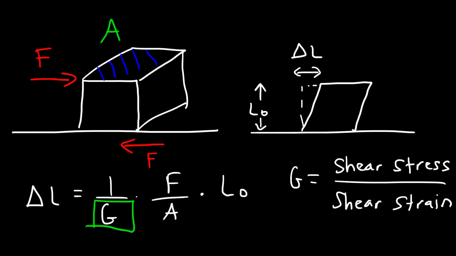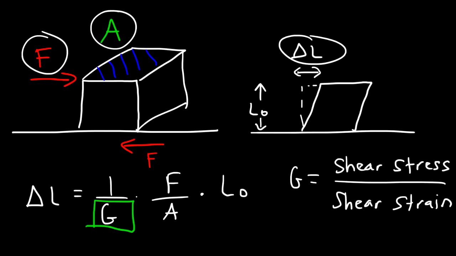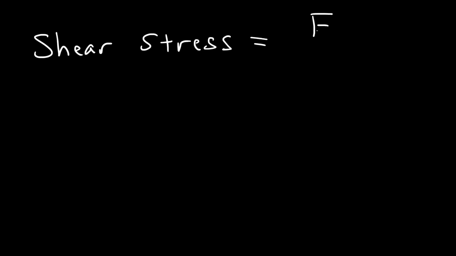Now, the shear stress is still force divided by area. And the shear strain is delta L in the horizontal direction divided by L0 in the vertical direction. So that's a little different. So keep this in mind. The shear stress that's acting on the object is the ratio between the force applied and the cross-sectional area.